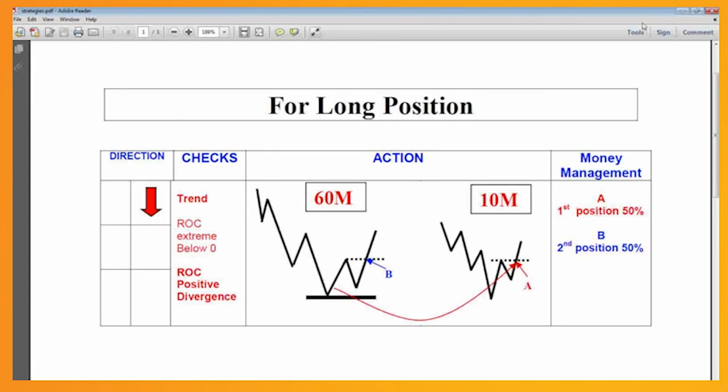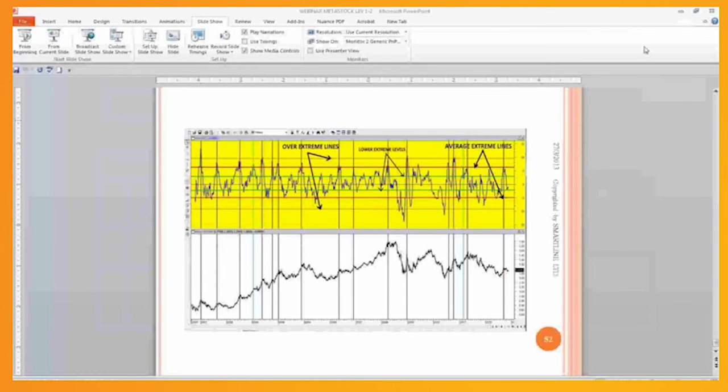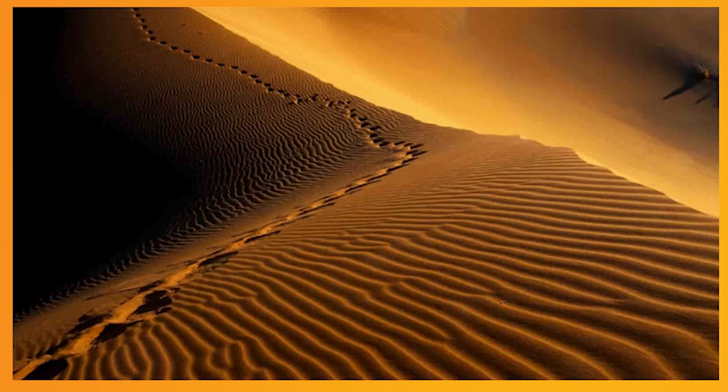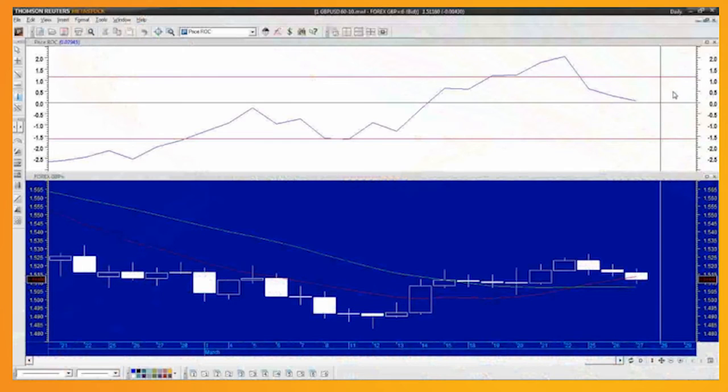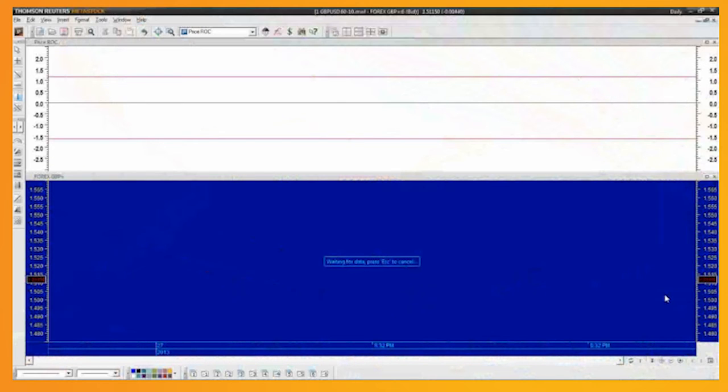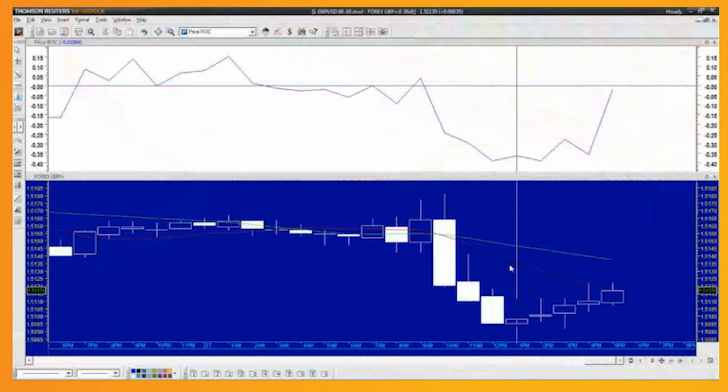Let's go again to our example that we had before with the sterling. This is not a recommendation again. I'm telling you that we just use this methodology in our system, and I'm using it for the last 15 years at least. Let's delete these lines.